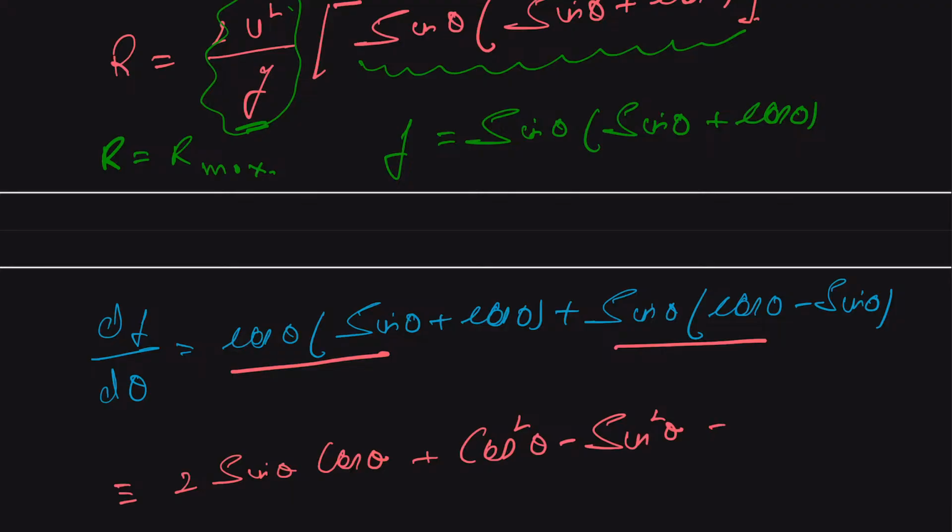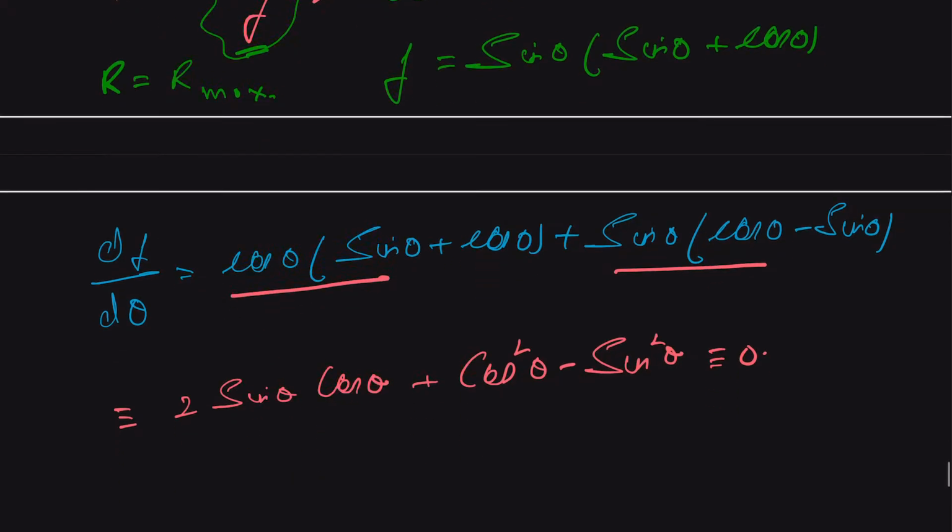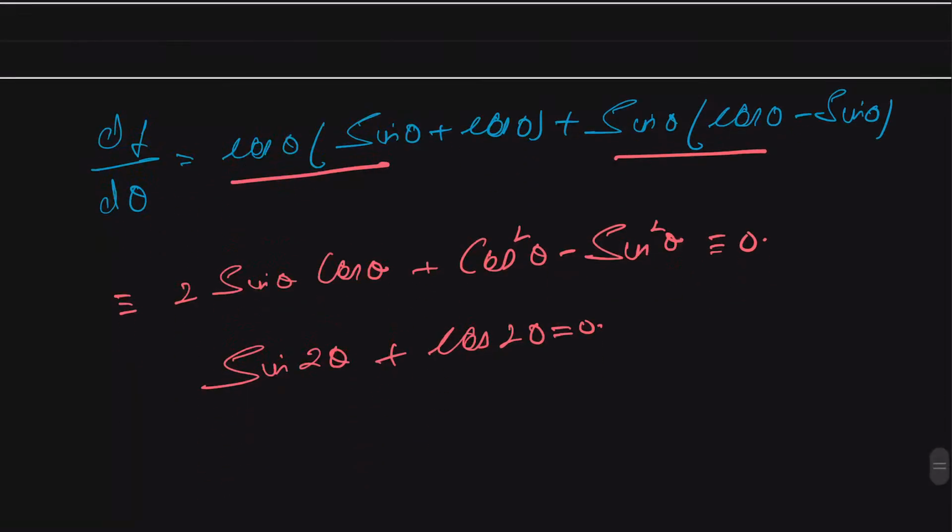Obviously we can put this equal to 0, and we can further simplify this. We can write this as sin of 2 theta for the first part, and the second one will give us cos of 2 theta, is equal to 0. Now it is almost complete, and we get tan of 2 theta equal to minus 1.